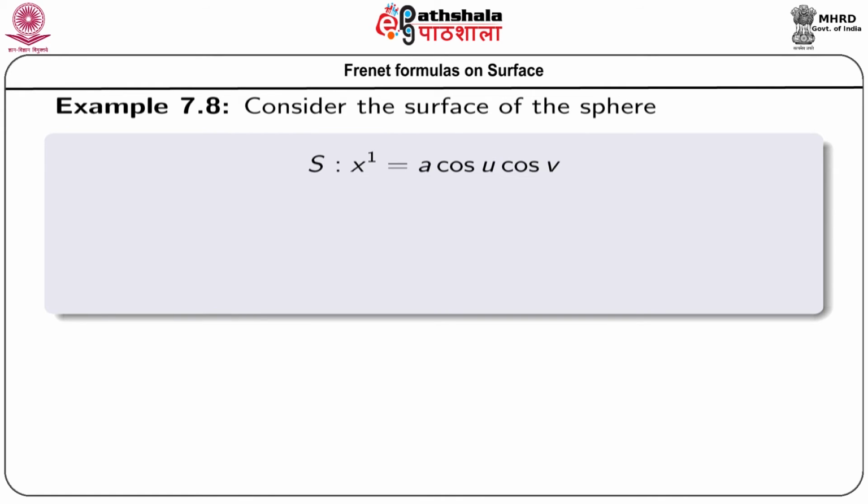Now, consider the surface of the sphere as an example, and we consider x 1 equals a cos u cos v, x 2 equals a cos u sin v, and x 3 equals a sin u.